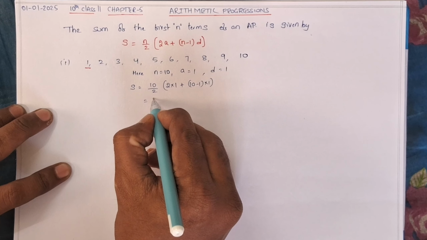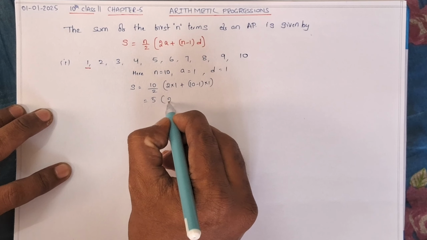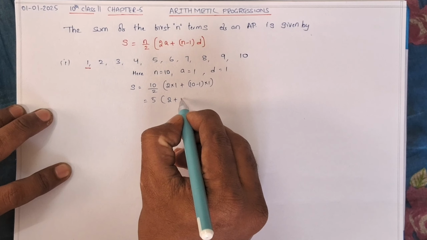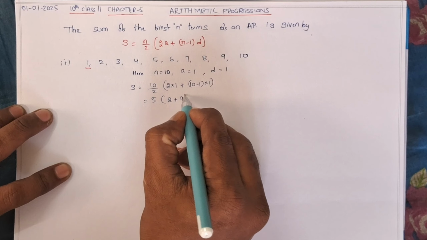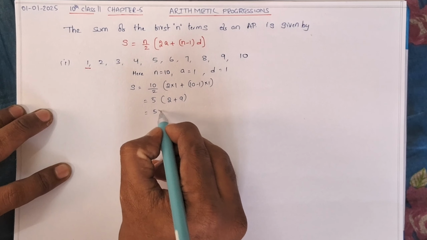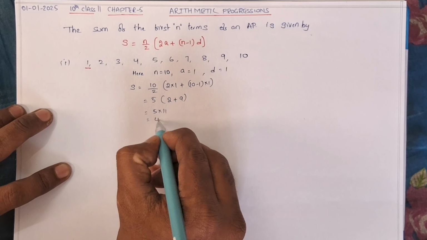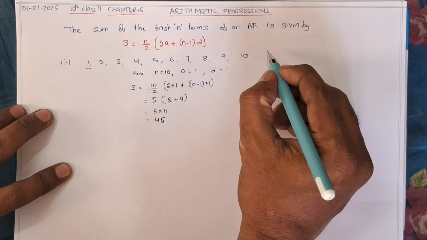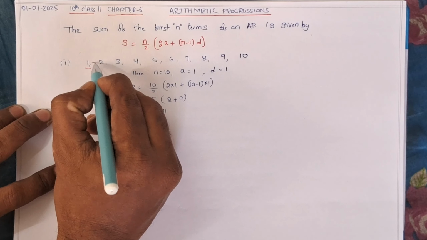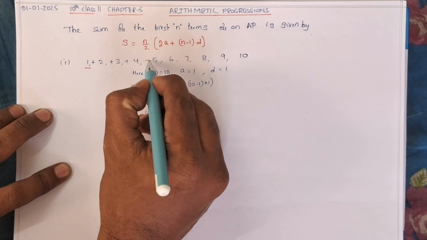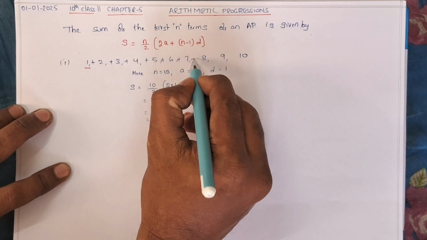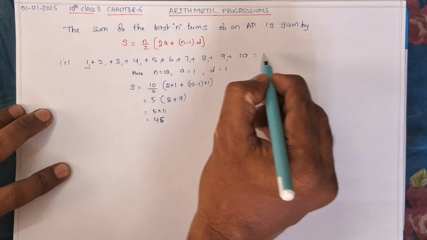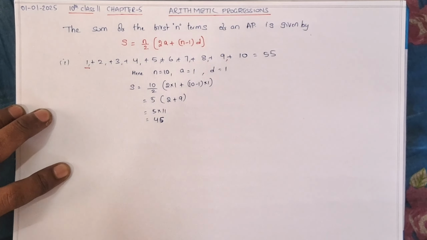That is equal to 5 into 2 plus 9, 5 into 11, which is equal to 55. So the sum of the first 10 terms, 1 plus 2 plus 3 plus 4 plus 5 plus 6 plus 7 plus 8 plus 9 plus 10, is equal to 55.